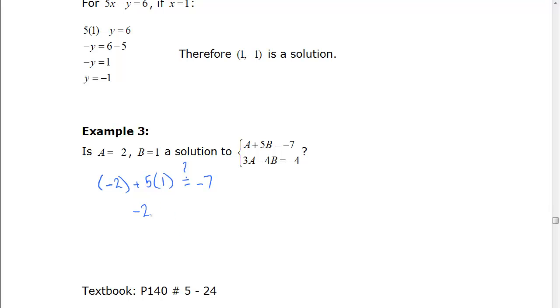Well, negative 2 plus 5, is that negative 7? Of course, that gives us 3, which is not negative 7. So it doesn't work in the first one. If it doesn't work in one of them, it's not a solution. So therefore, we use 3 dots to represent therefore, negative 2 comma 1 is not a solution.